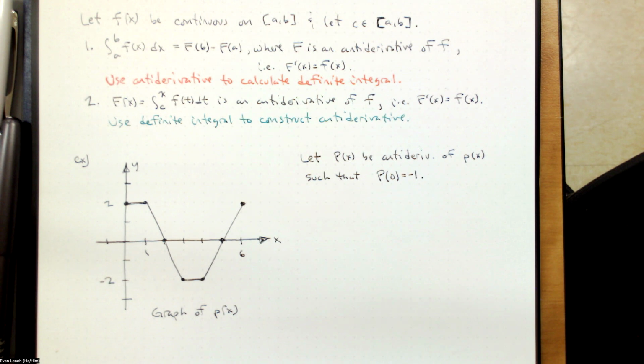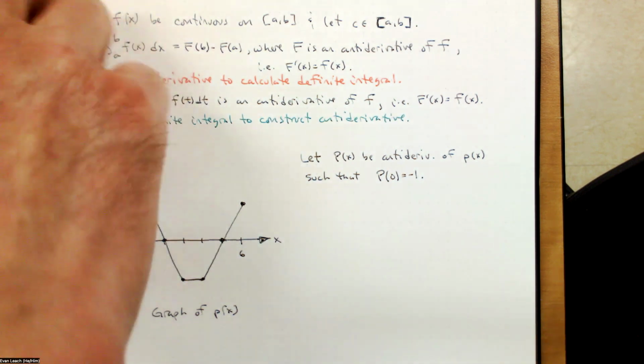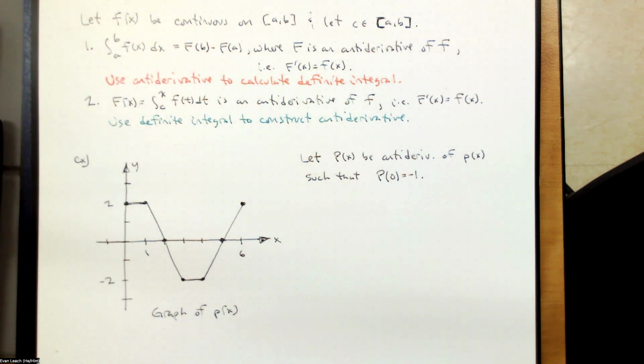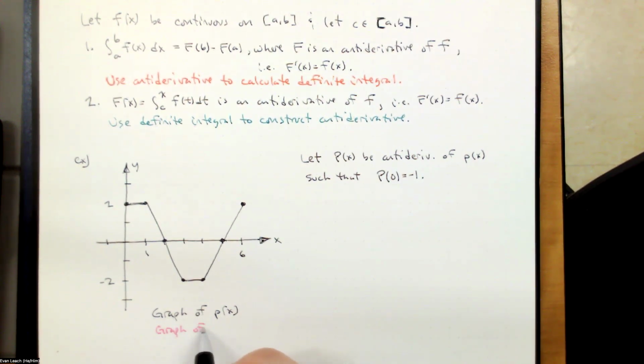Yesterday, when I set up the problem, I said let capital P be the antiderivative of p of x such that capital P of 0 is equal to -1. This is how yesterday I established that we are looking at the graph of the derivative, capital P prime of x. So this statement here is how yesterday I established capital P as an antiderivative.